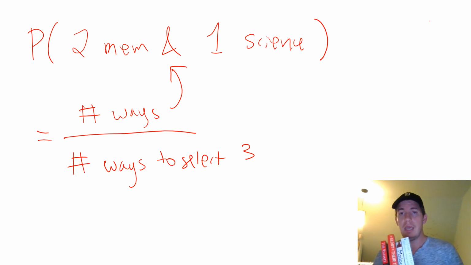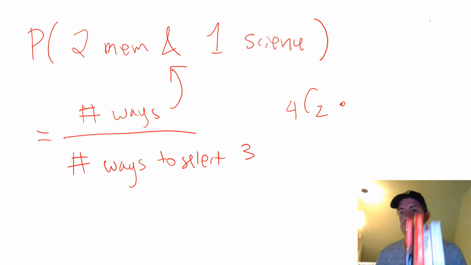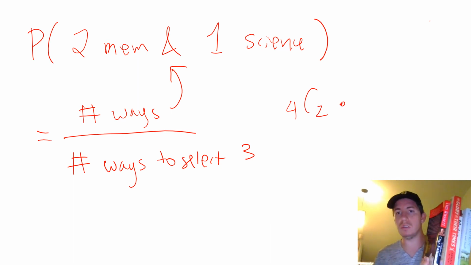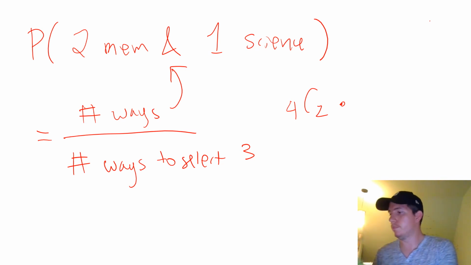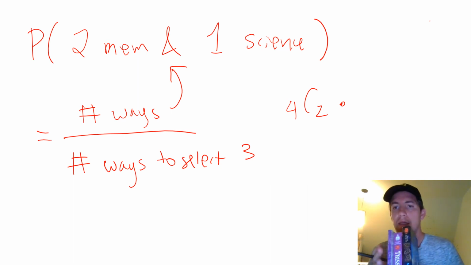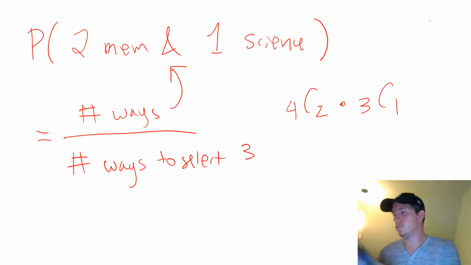In fact, I'm trying to choose 2 out of a group of 4. So the number of ways to do the 2 memoirs would be 4 choose 2. That's it. 4 choose 2 is the number of ways to choose 2 memoirs out of the 4 memoirs that I've got. And the number of ways to choose 1 science fiction book out of the 3 that I've got could be this one, or this one, or this one: 3 choose 1, which happens to just be 3.